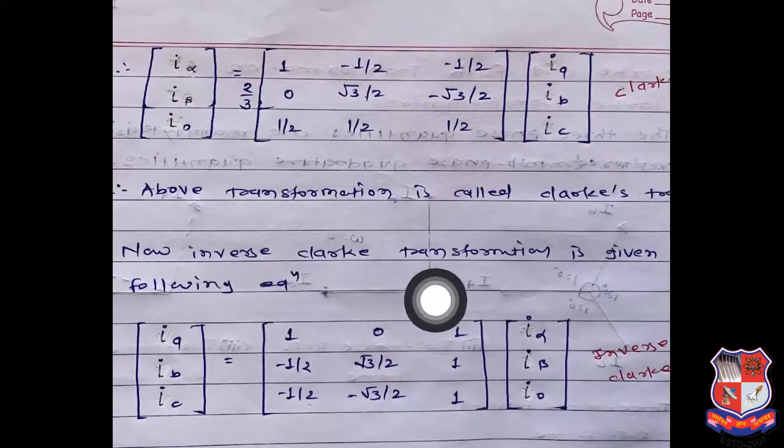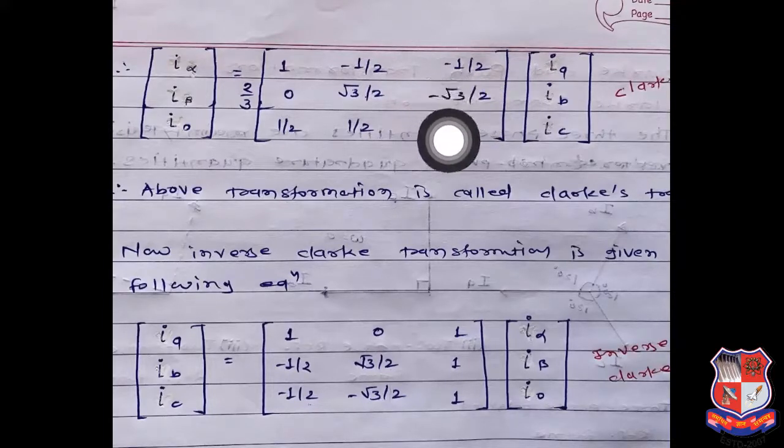Now the inverse Clarke transformation is given by, in inverse Clarke transformation we will get the values of IA, IB, IC again. So it is given by 1 0 1, minus 1 half root 3 by 2 1, minus 1 half minus root 3 by 2 1, multiplied by I alpha, I beta, I 0. So one trick to remember this: we know the matrix for the Clarke transformation, which is 1 minus 1 half minus 1 half.